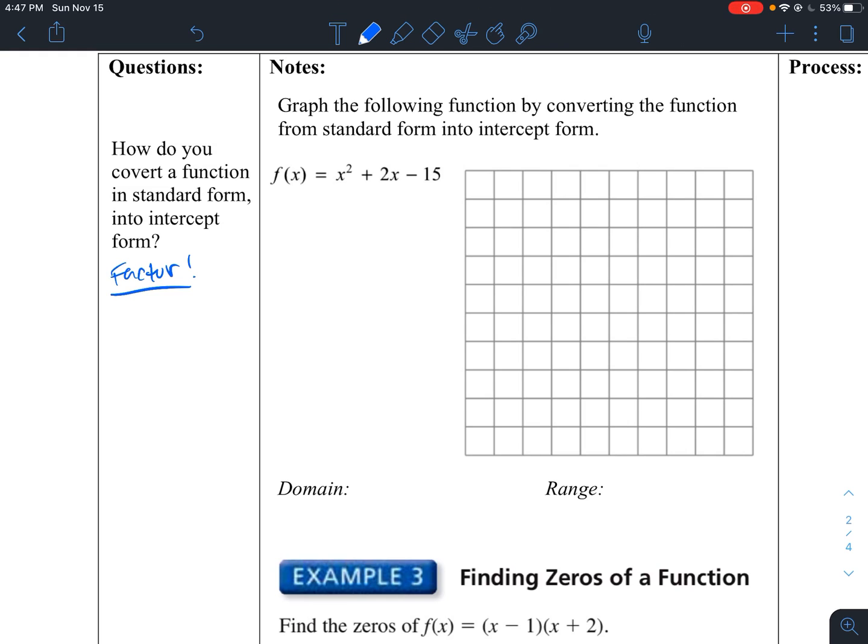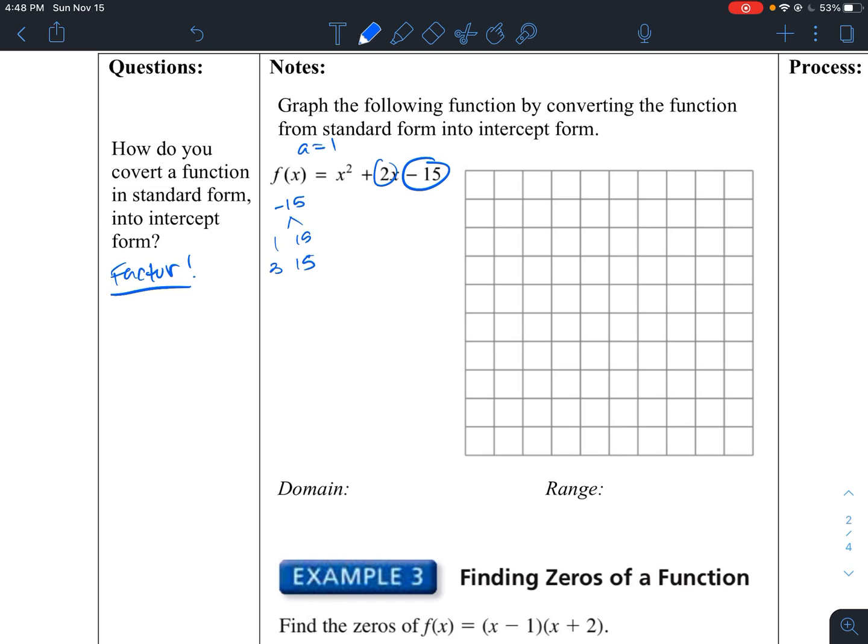So if we want to factor, whenever a is equal to 1, to factor that, we need to find two numbers that multiply to be negative 15, but add to be 2. So let's think of two numbers that multiply to be negative 15. I know 1 and 15, 3 and 5 right there.